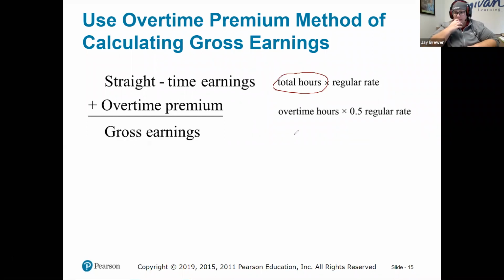Okay, so let's do a little bit of an experiment. Let's see what happens if we compare this to the regular way we were doing it.